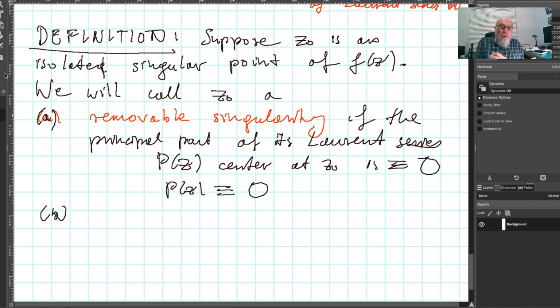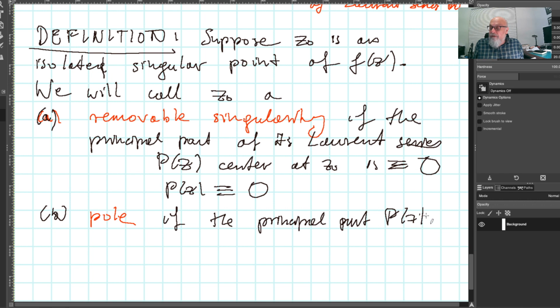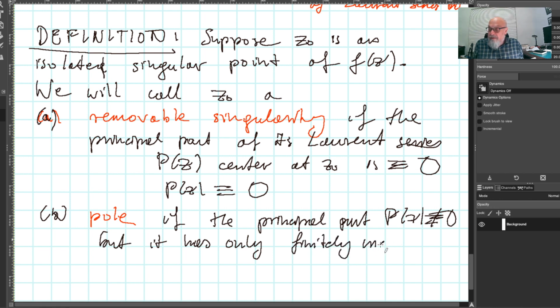B. Pole, if the principal part P of z is different than 0, but it has only finitely many terms.